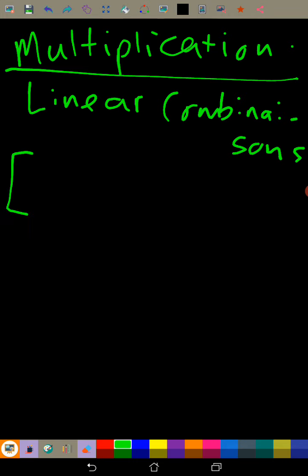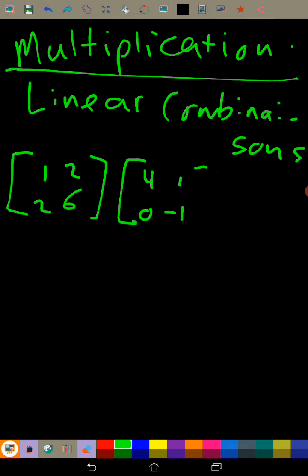Let's break this. Let's put like 1, 2, 2, 6. Normally it's not that small, I'm making it small. And 4, 1, 0, minus 1. I don't know if it's even correct to write something like this.